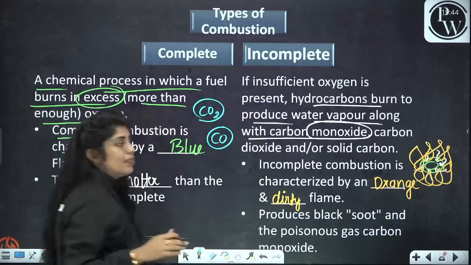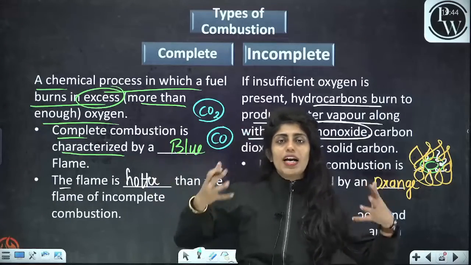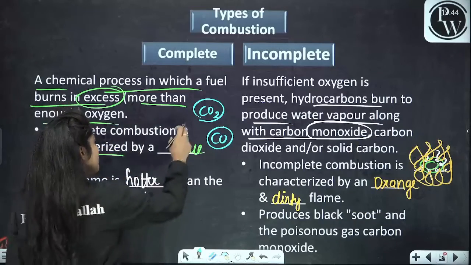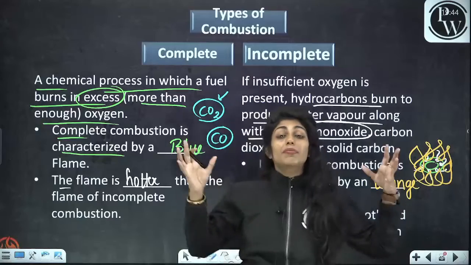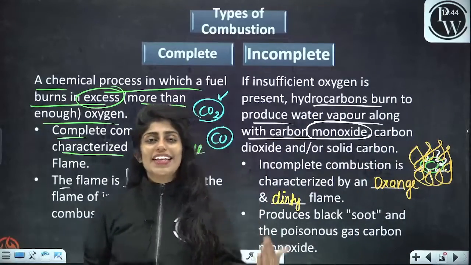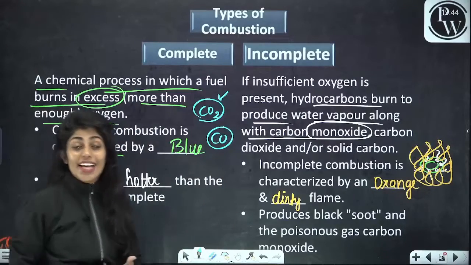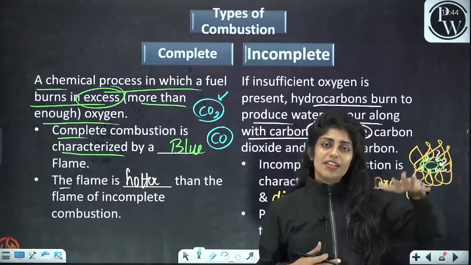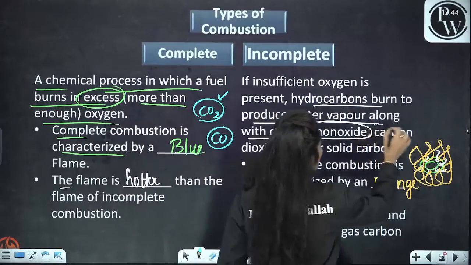CO2 is what we exhale, the carbon dioxide, because we are inhaling a sufficient amount of oxygen, so carbon combines with excess oxygen, making carbon dioxide. But in incomplete combustion, we do not have a sufficient amount of oxygen, and that's why carbon monoxide is formed, the little one. Carbon monoxide is poisonous.